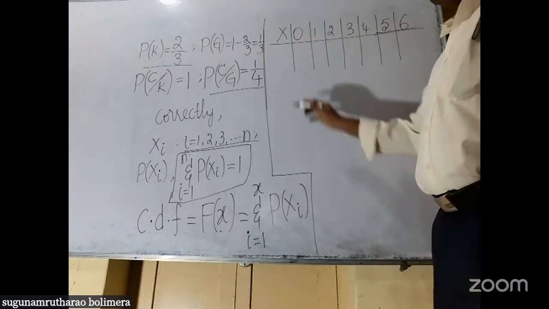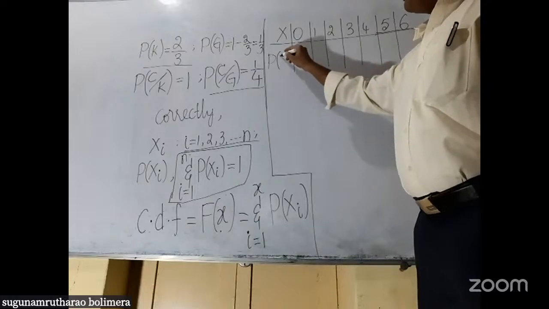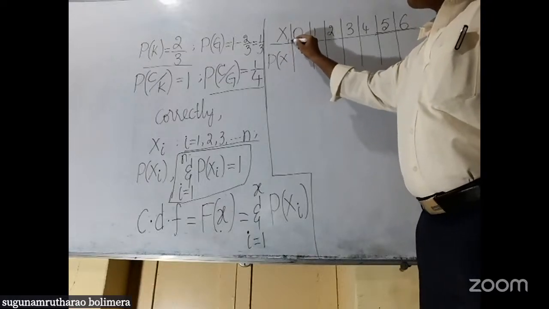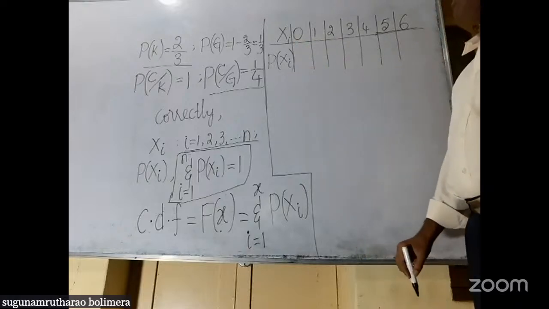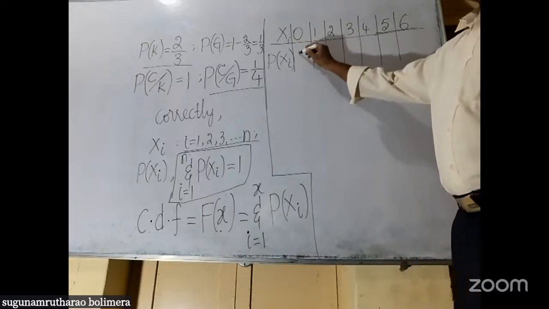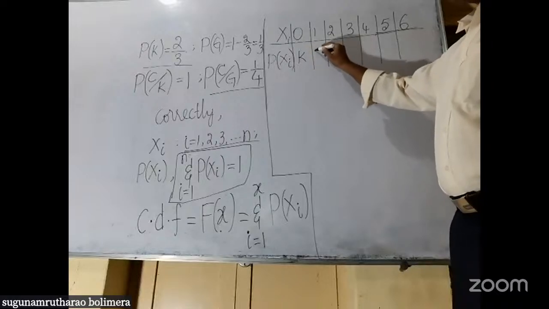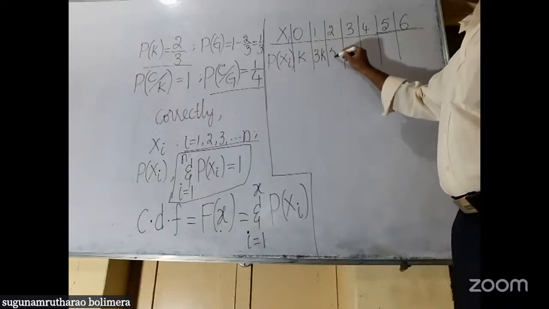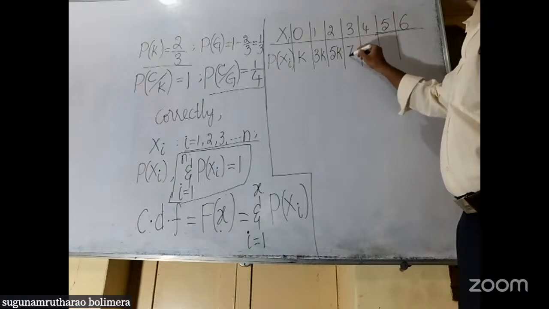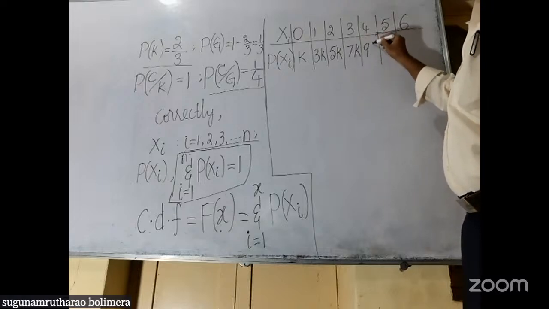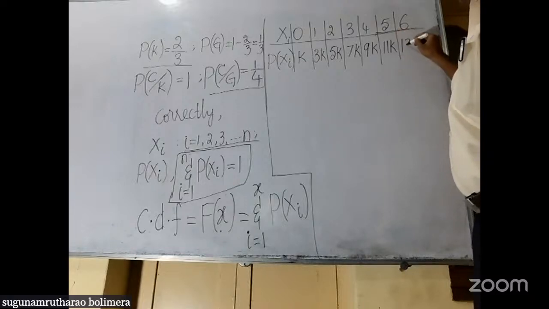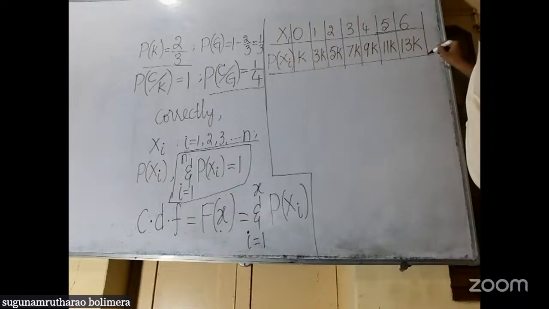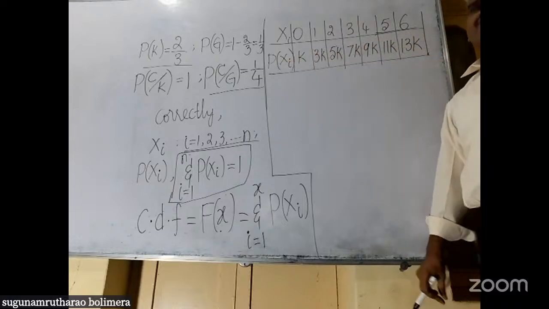P of x, that is P of xi, means the data was given like this: k, 3k, 5k, 7k, 9k, 11k, 13k.